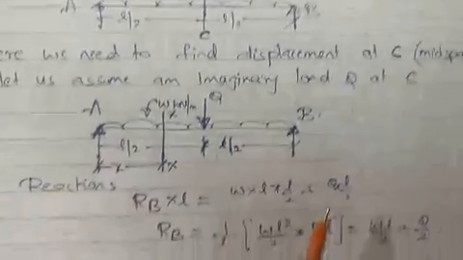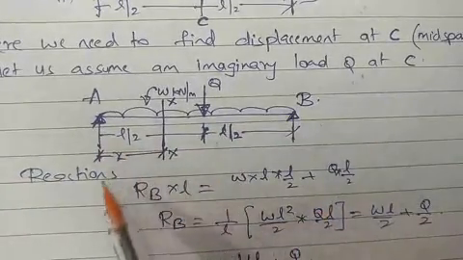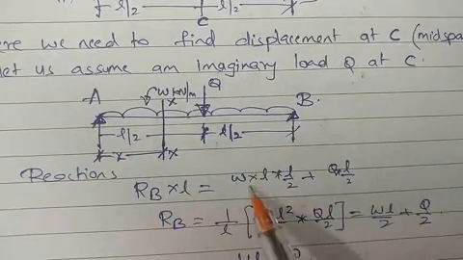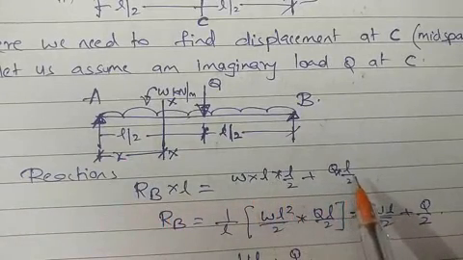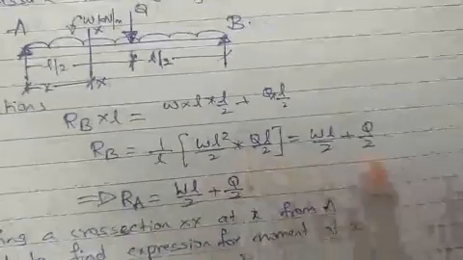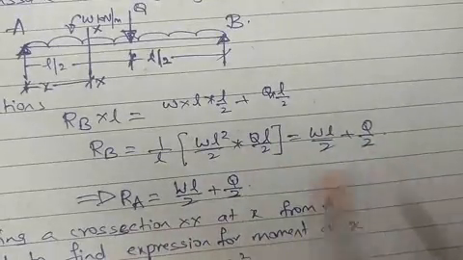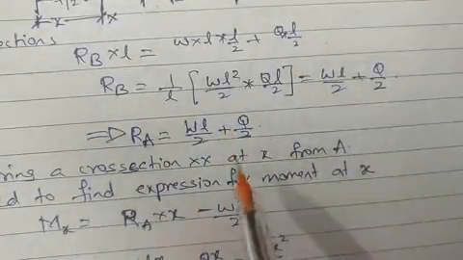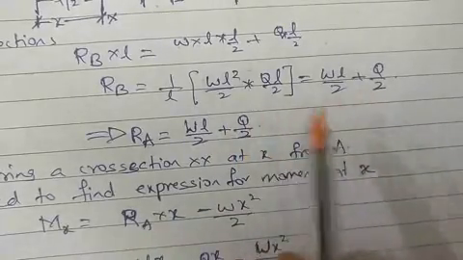Then we proceed the same way. Reactions: RB into L will become W into L into L by 2 plus Q into L by 2. Then RB is WL by 2 plus Q by 2. In the same way RA will become WL by 2 plus Q by 2 because it's symmetric load.